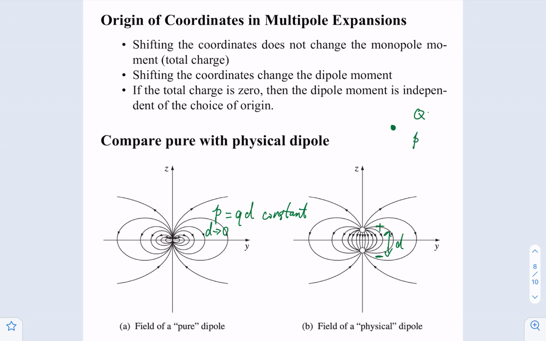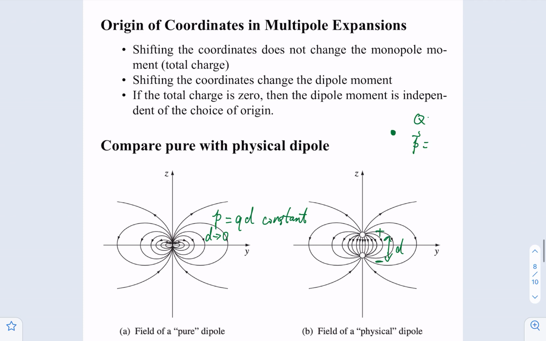And if you calculate the dipole moment of a point charge, you actually see that that is the integral of r times rho d tau. Here, for a point charge, this is simply R_i times Q_i. And for a single charge, you can see that this actually depends on where your origin is.